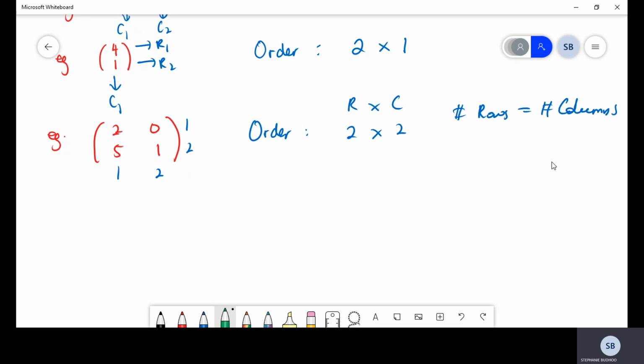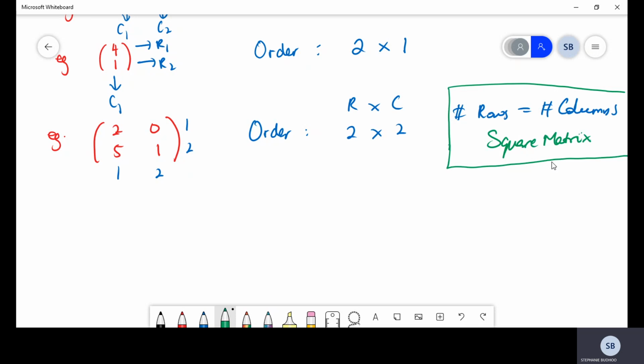So this is commonly called a square matrix. Whenever you have the number of rows being equal to the number of columns, it's called a square matrix. And other examples of square matrices can be a 3 by 3, a 4 by 4, a 5 by 5. You get the picture. Same side by side, squares have the same length.